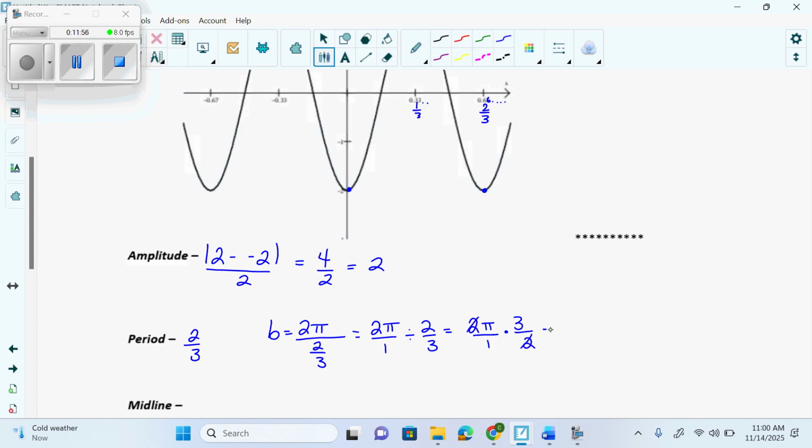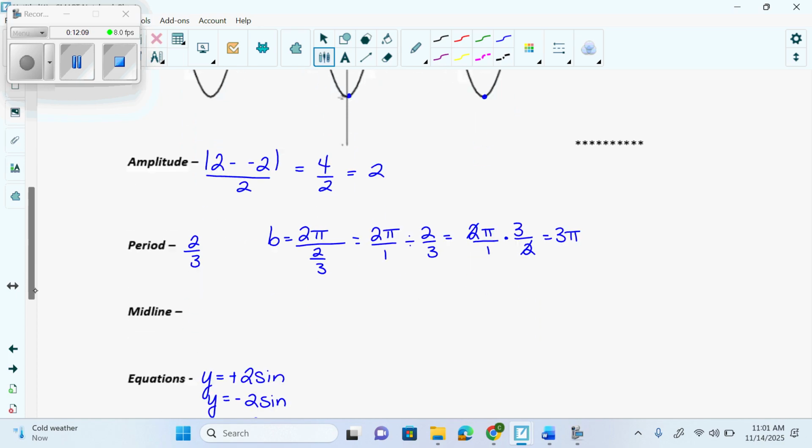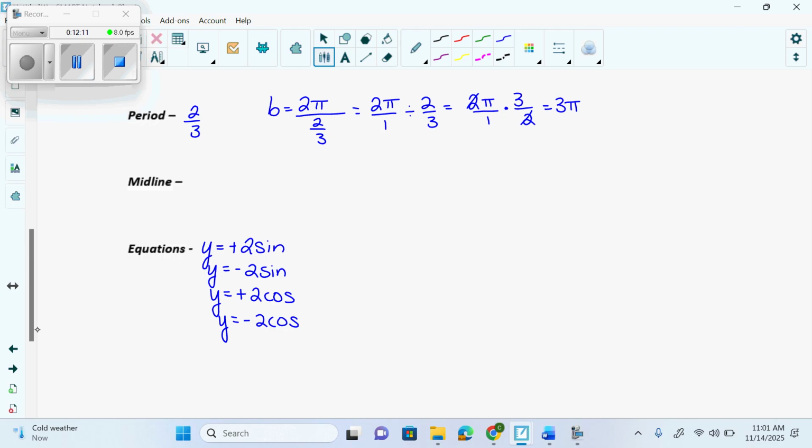The 2's cancel, and your answer is 3 pi. So then we would go in, and we go 3 pi, bracket, bracket, 3 pi, bracket, bracket, 3 pi.